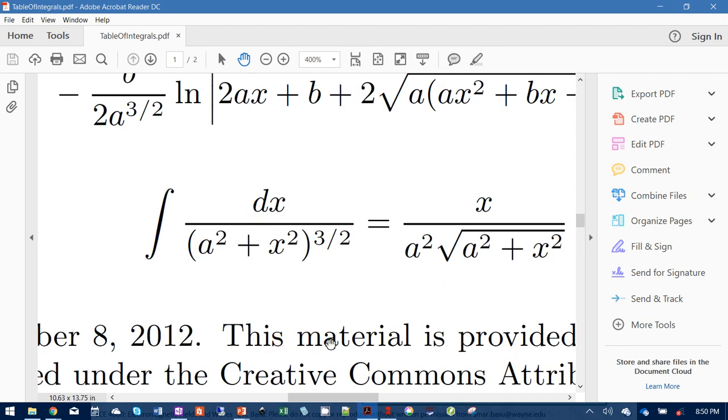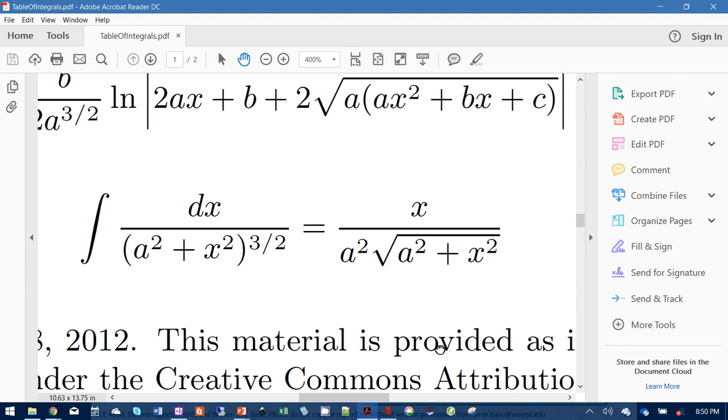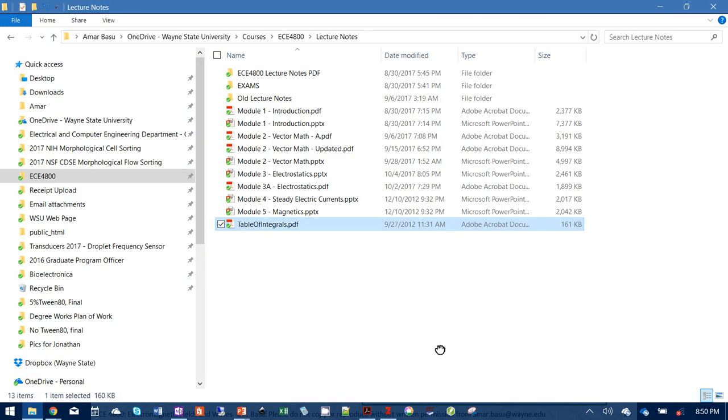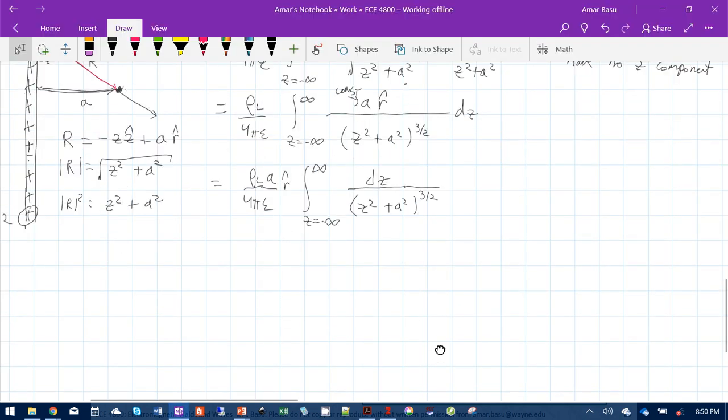X squared plus A squared to the power of 3/2. It's because it has a closed form solution, interestingly enough. You remembered it almost? Rho L over 4 pi epsilon A times R hat.